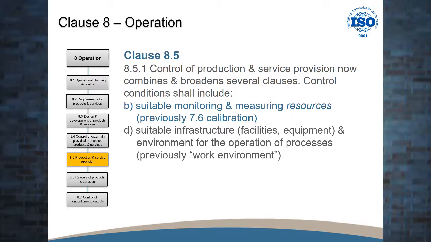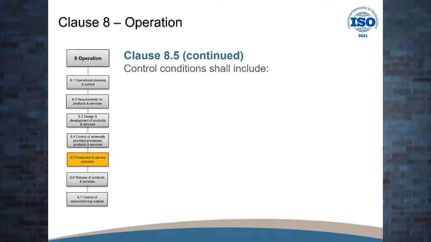D is suitable infrastructure, meaning facilities, equipment, etc., and an environment for the operation of processes. So previously this was work environment. So this is a bit more expanded again, I think, due to the inclusion more so with the service provision now, the operation of processes of any sort, be it production or service. Controlled conditions shall also include the appointment of competent persons.